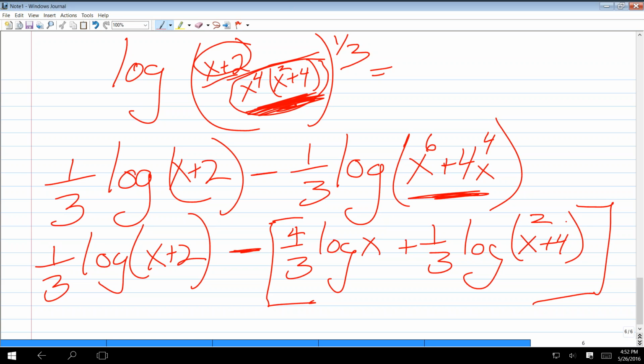And I don't have any exponent here. I have this 2, but that's an exponent of the x only, not the 4. So I can't do anything with that 2. And I can remove the brackets, distribute the negative sign. So there is perhaps the answer they would be looking for.